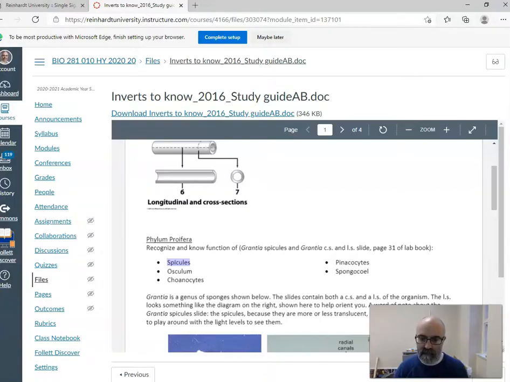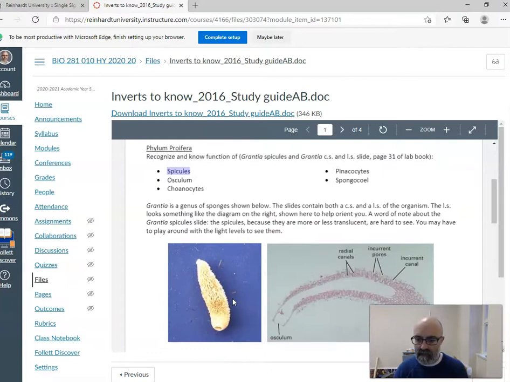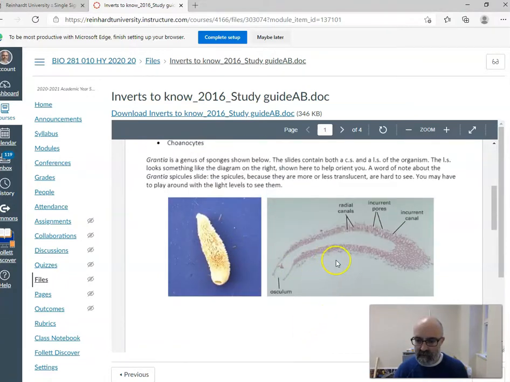And that's basically the in and out of a sponge. So big picture, the choanocytes are in these little canals here. Pinacocytes cover them. The choanocytes have the flagella. They whip their tail around. It moves the water. The water comes through. It's filtered out by the choanocytes into the spongiocele, out the osculum. So choanocytes create a current and do the filtering. The pinacocytes are the covering. The spongiocele is just a cavity. The osculum is the exit tube.